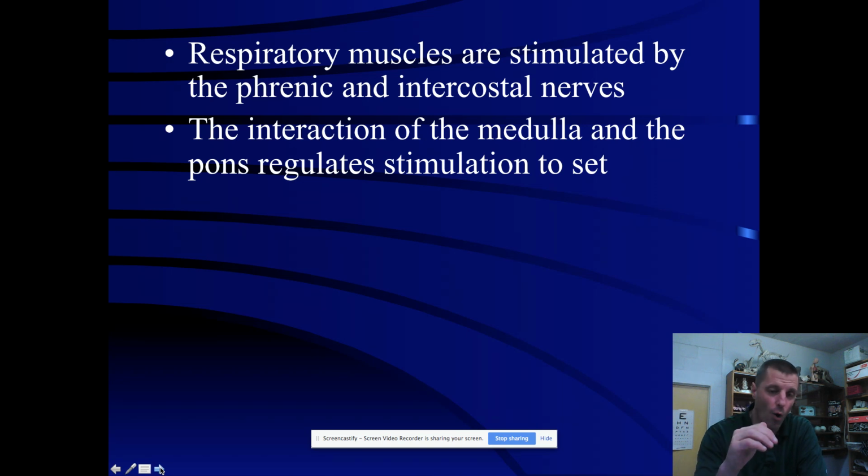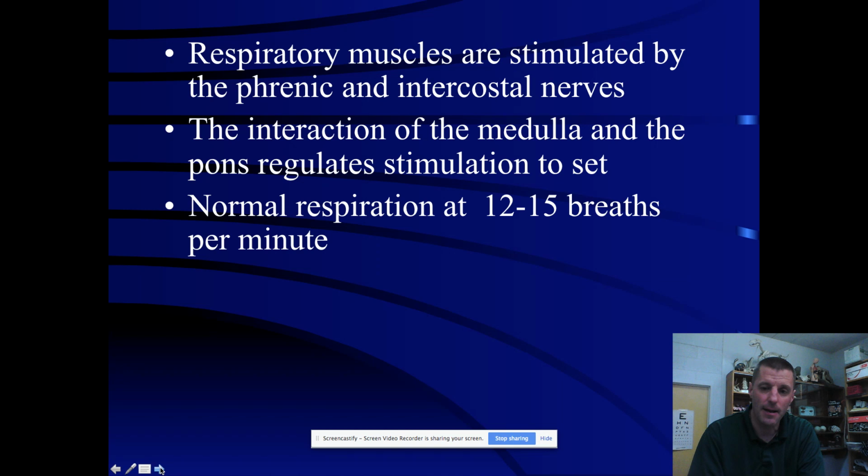But if we want to blow out more or breathe in more, we can do that, and we can hold our breath and all those kinds of things. But that normal rate of breathing would be set by the medulla or pons in an involuntary way. Normal respiration is about 12 to 15 breaths per minute. So you're talking about a breath every 4 or 5 seconds.